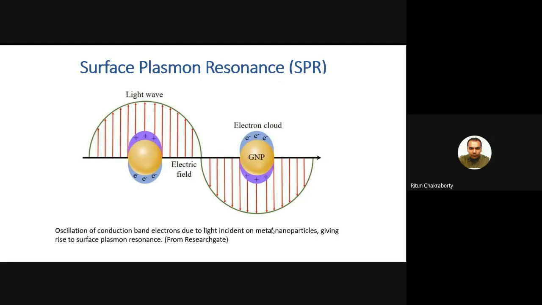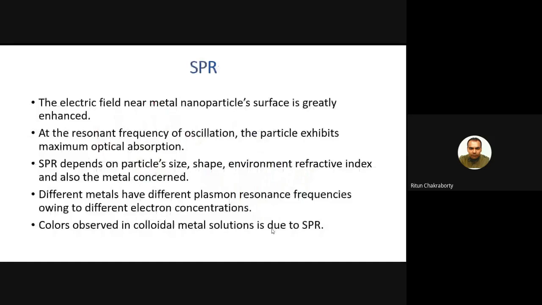Now there is some information given here about surface plasmon resonance. What happens with surface plasmon resonance? I have already mentioned the electric field near the metal nanoparticle surface is greatly enhanced. This is one reason.